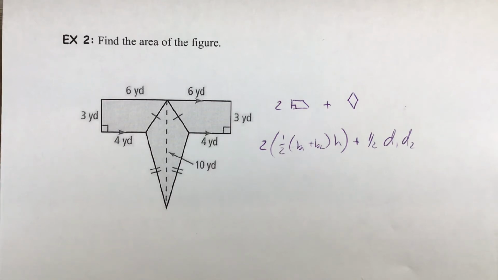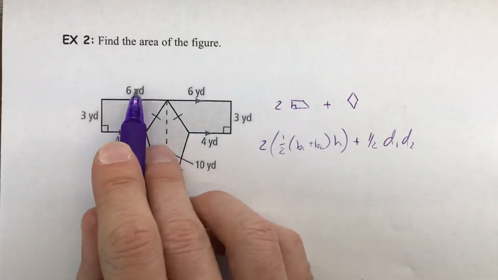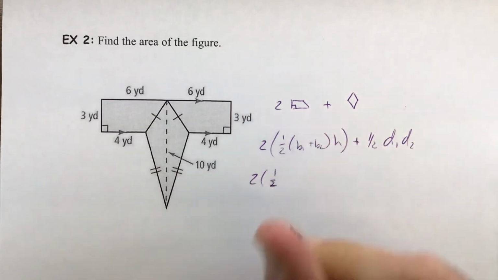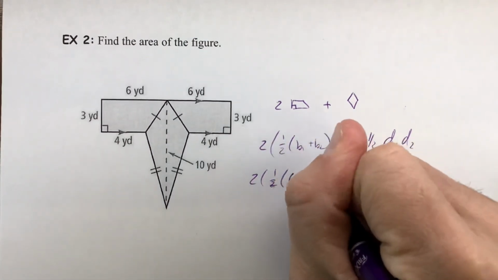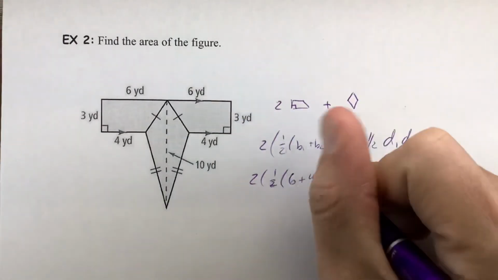So with respect to the trapezoids, which are congruent because all the markings are the same, the bases are going to be 6 and 4. So we've got 2 times 1/2, which that's going to cancel in just a bit anyway, but I'm going to keep writing it for now. We're going to have 6 plus 4. The height is that 3.